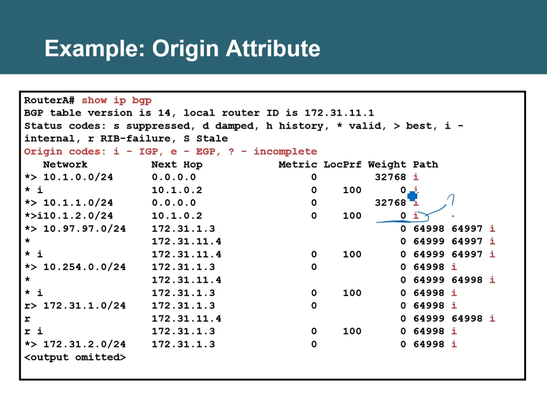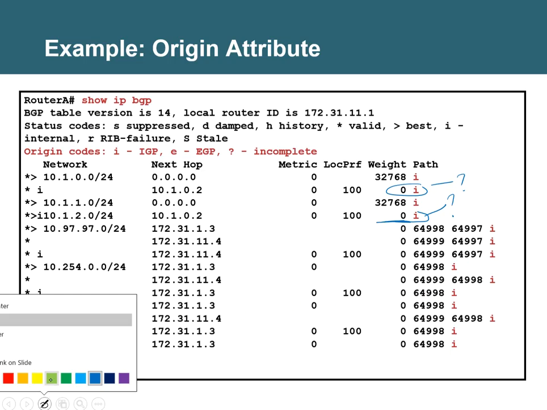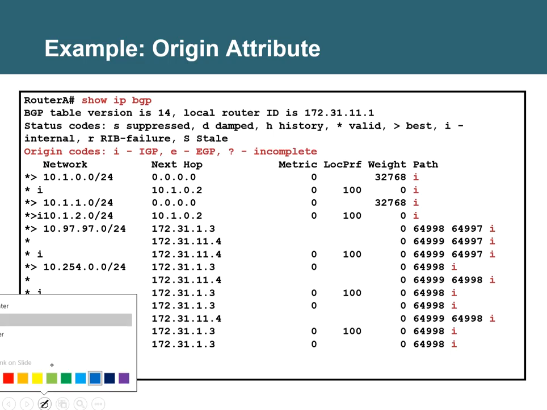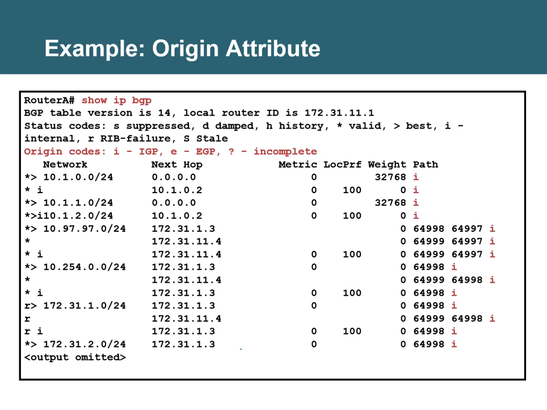Even this one has local preference. Okay, I'll tell you the reason when we go to the next attribute, origin. That's origin, locally originated. Okay. Locally originated will have it. Okay, let me say it now itself.